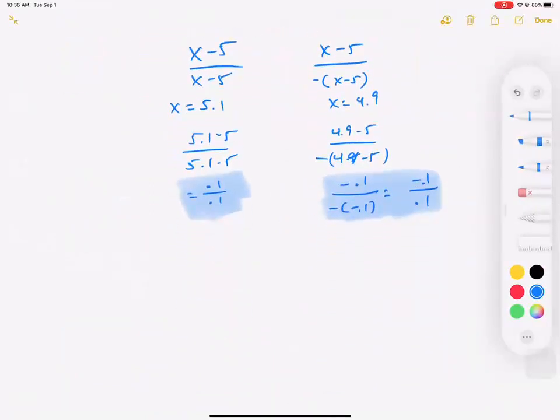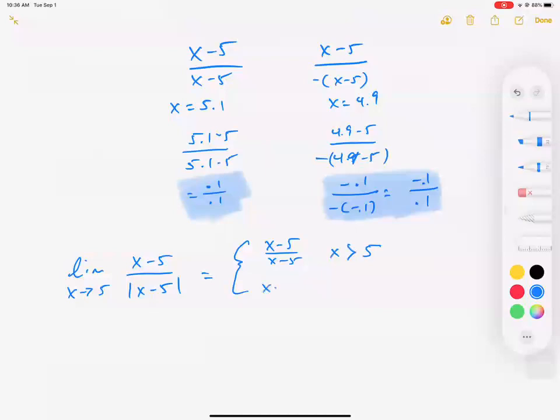So if I ask you this question, what's the limit as x approaches 5 of x minus 5 over the absolute value of x minus 5? We actually write this as a piecewise function: x minus 5 over x minus 5 when x is greater than 5, and x minus 5 over negative x minus 5 when x is less than 5. So this is the official way that we're supposed to look at it. We change our problem into two different problems.